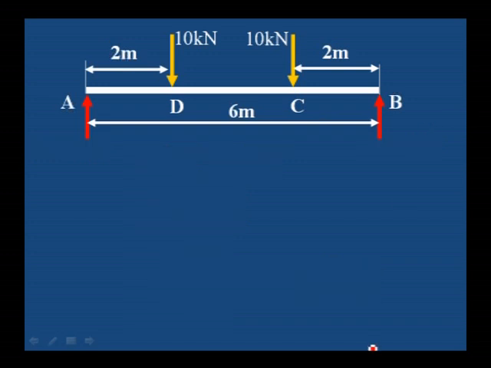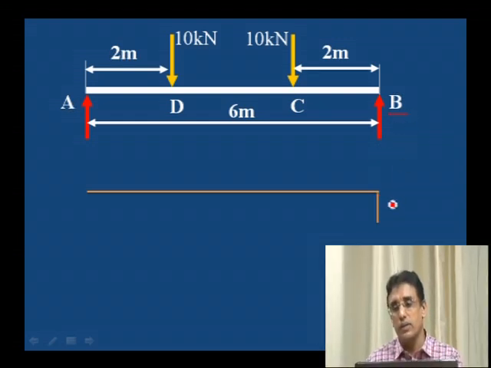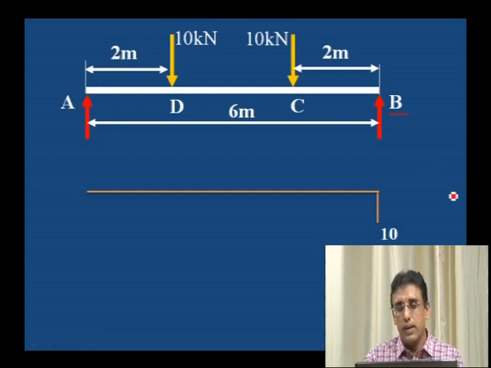Let us draw the shear force diagram. First draw a horizontal line, then downward, equal to the RB value. Shear force at B is equal to RB, 10 kilonewton. Then it is constant from B to C, 10 kilonewton. At C it becomes 0.